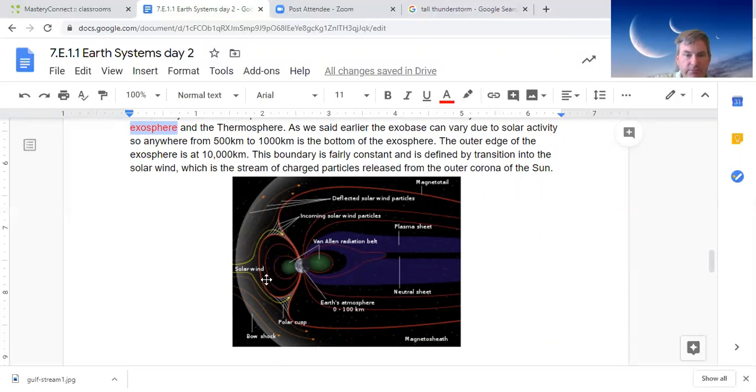And so solar wind goes around us, our pocket of atmosphere here. Earth's atmosphere, 0 to 100 kilometers with the basic one. But then 10,000 kilometers is out here where this boundary is, where the solar wind is going around us.